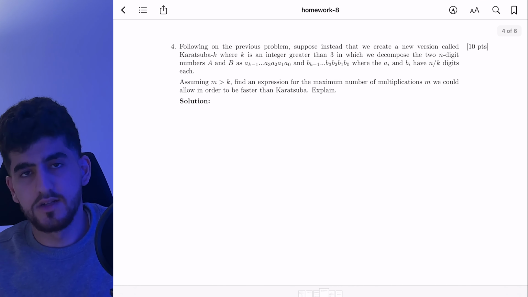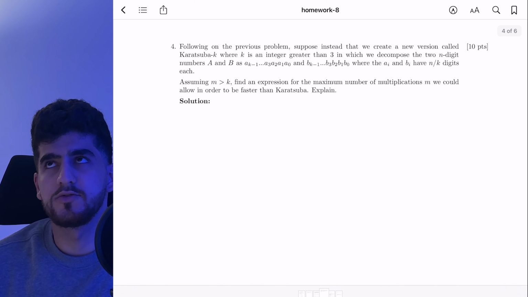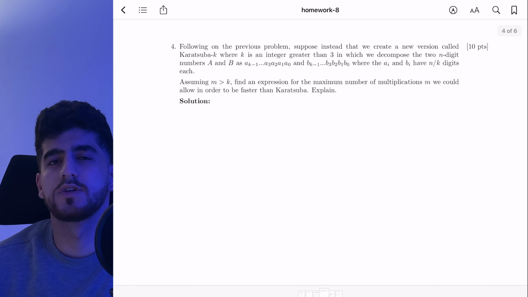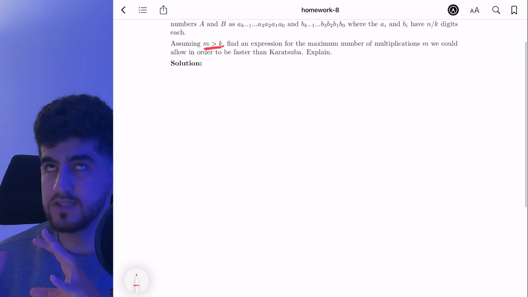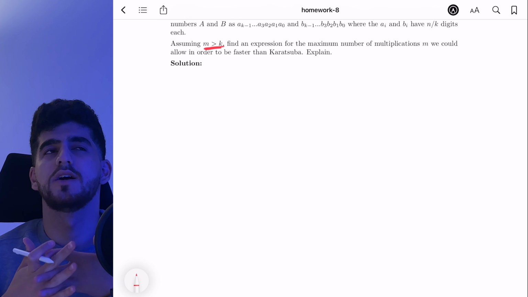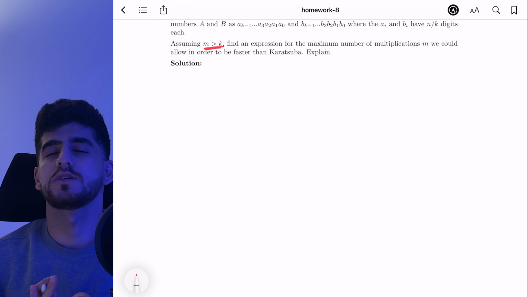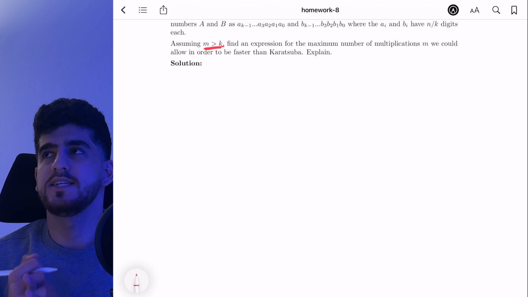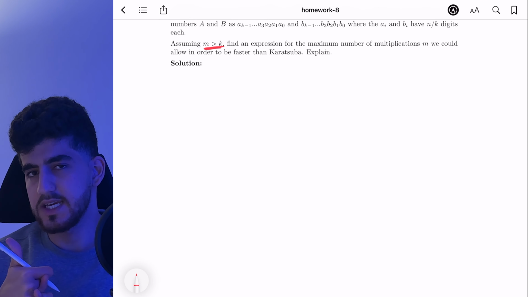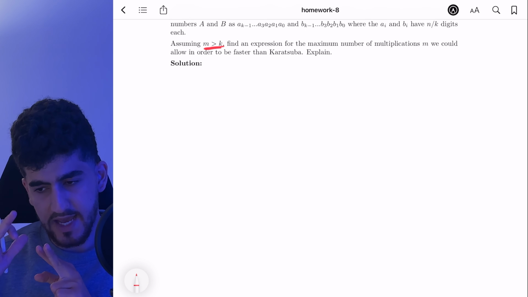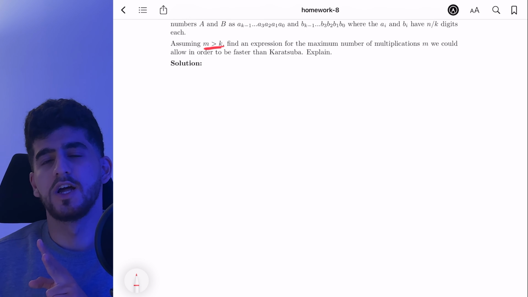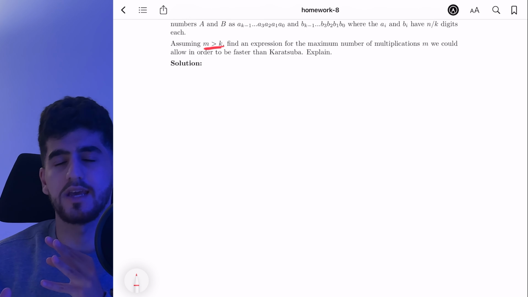Okay, so this gives you some intuition about what's going on. Each time, instead of going from n to n over 2 or n over 4, you will go to n over k. Now it says to assume m is greater than k. When m is greater than k, I know that if I use the master theorem, the result is going to be n to the power of log of m in base k.